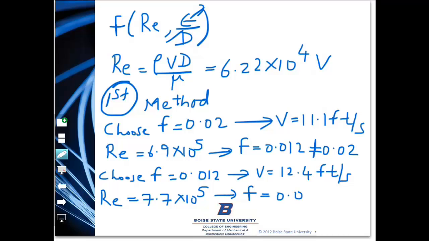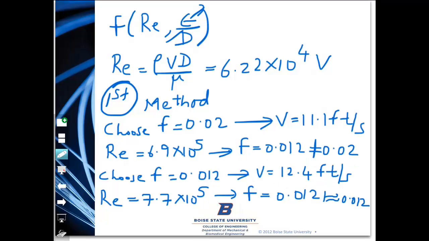It will so happen that they will both be reasonably close. So that means you have converged. So f equals 0.012 is the solution with V equals 12.4 feet per second.